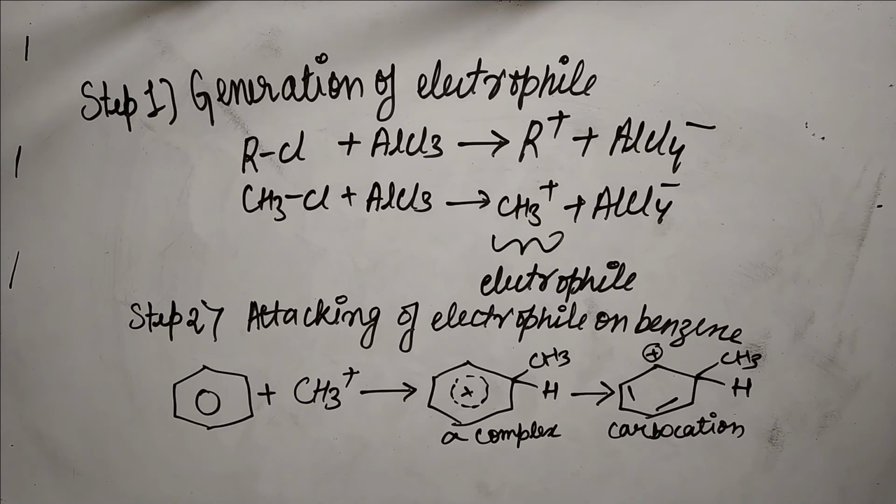Now after that, elimination of a proton takes place, and the electrons enter inside the ring, and the substitution of the alkyl group takes place with elimination of one proton.